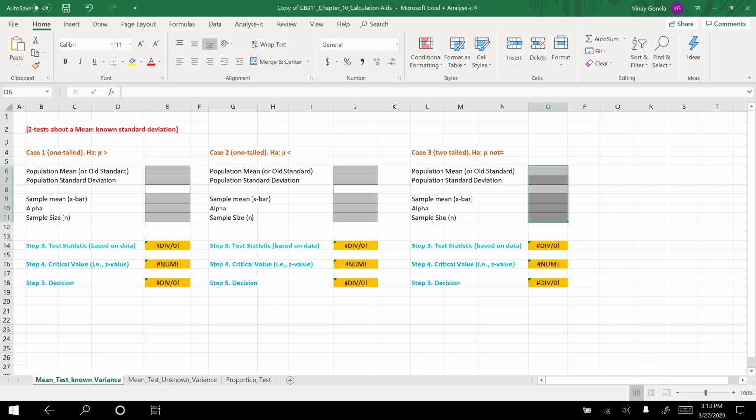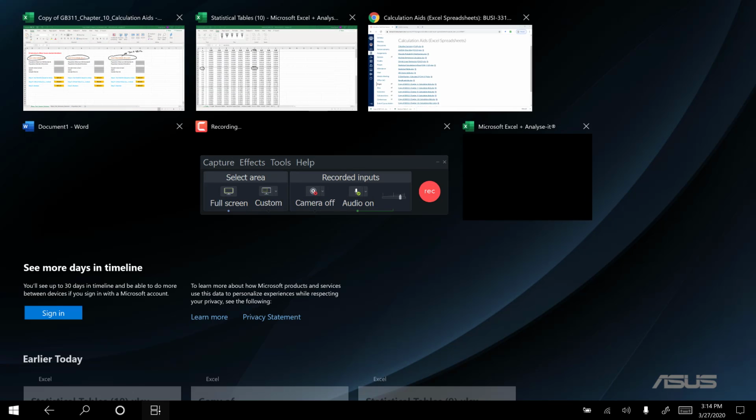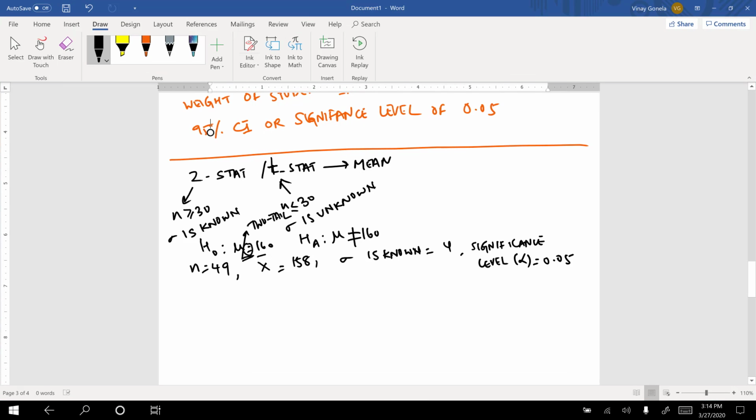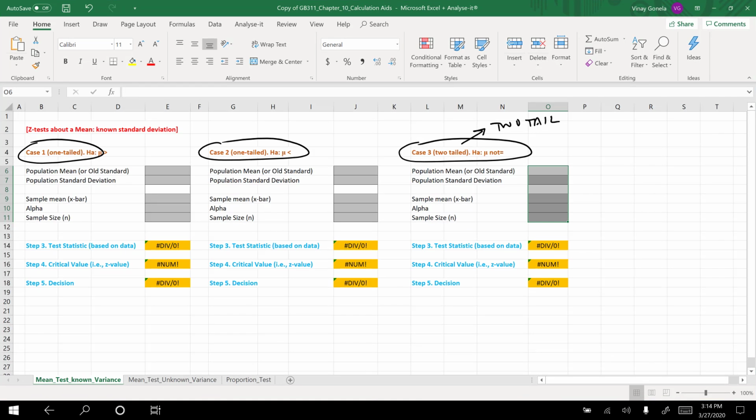So if you see in this, we have three cases. Case 1 is one tail, case 2 is also one tail, case 3 is two tails. So we are currently doing this two tail problem. So let's look at what is the population mean. So the population mean is 160, so that is mu is equal to 160. So I will enter 160 here.